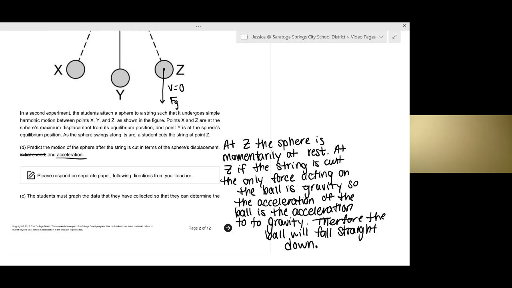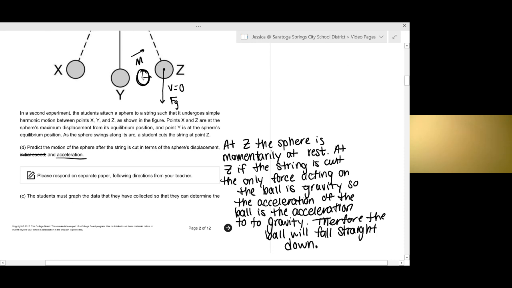Now, if the ball was at any other location other than Z or X, the ball would have some initial X direction velocity and some Y direction velocity. Let's say we release the ball right here. Let's call this position M. We're swinging up towards Z. So ball M has some initial upwards Y velocity and rightwards X velocity.